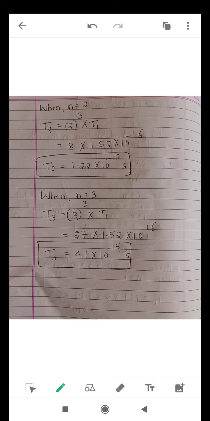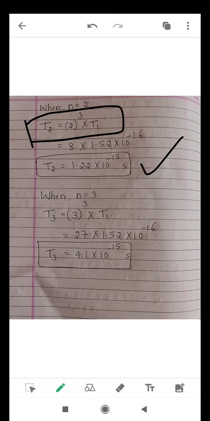Similarly, we will calculate for when n equal to 2. It can be simplified as T2 corresponds to n cube into T1. So here n is 2 now. Therefore T2 value is 1.22 into 10 to the power minus 15 seconds.